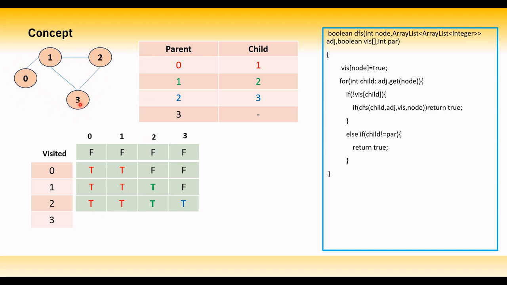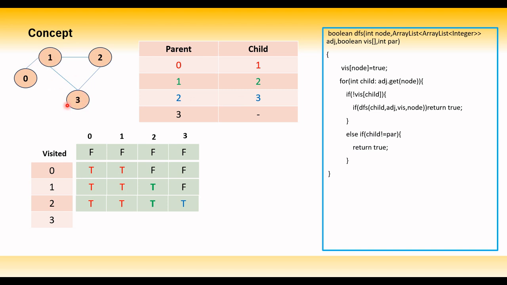By the time we reach 3, we'll again check if any of its adjacent nodes are not yet visited. We'll realize that both 1 and 2 are its adjacent nodes, and both of them have been visited. If we consider 1, then 1 is not the parent of 3, right?